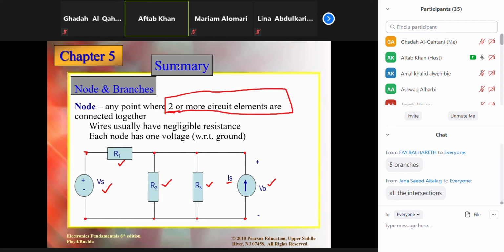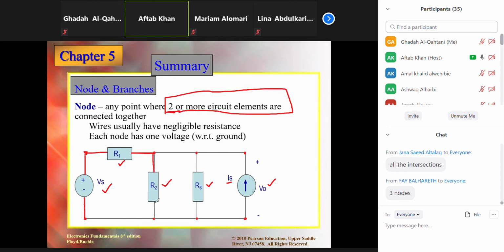What you just told me is not a node, it's called a joint. They are joined here. But what does a node say? A node says two or more circuit elements. Now, what are the circuit elements? This is a circuit element, so this is called one branch. This is a voltage source circuit element. It is called one more branch. This is a circuit element.